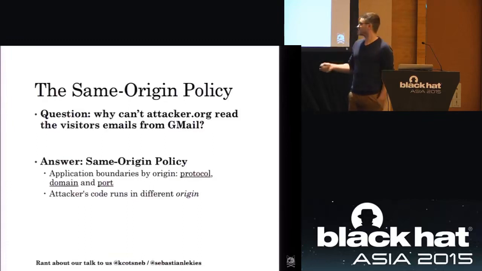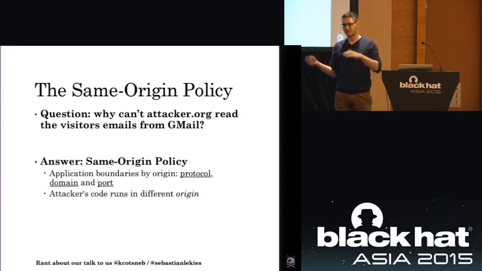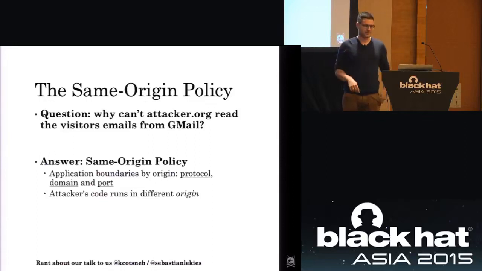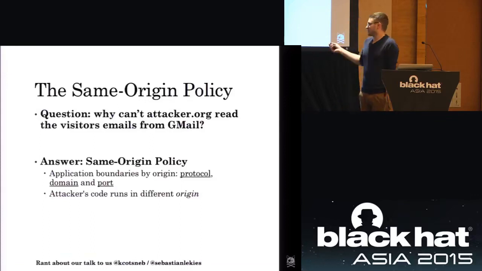An origin in this case is the combination of the protocol, the domain, and the port. Obviously, attacker.org has a different domain than mail.google.com, so I cannot execute my own code in it. This means that the attacker's code runs in a different origin.